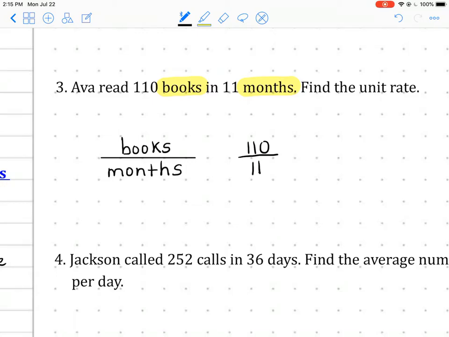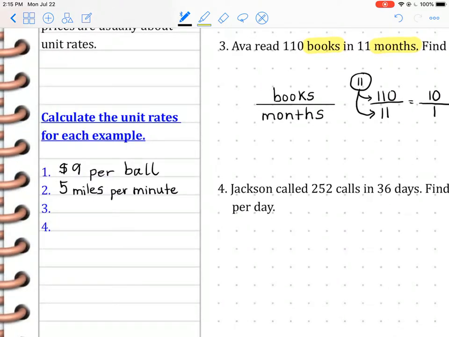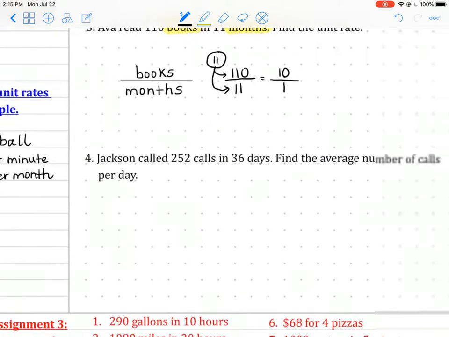You can't knock off zeros because there's not a 0 on the bottom, but we can divide by 11 to get a 1 down there on the bottom. 11 into itself is 1, and then 11 into 110 is 10. So she is reading 10 books per month. And hopefully you see the pattern with the unit rates. You see that word per in there? That is a big clue that we're looking at unit rate.